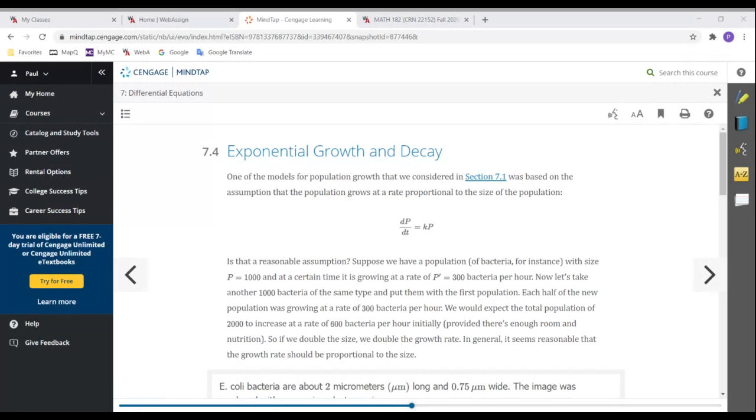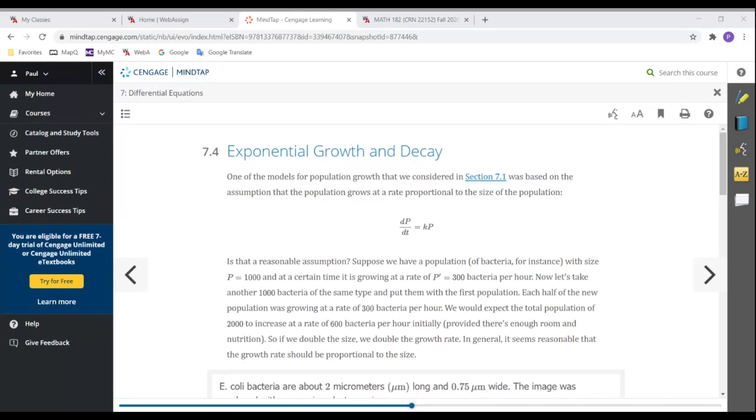Okay, so as I had mentioned, we're in Chapter 7, Differential Equations, and we've looked at differential equations from several viewpoints. One viewpoint was looking at the direction field of a differential equation. Based on the direction field, we can see qualitatively what solutions would look like given different initial values.